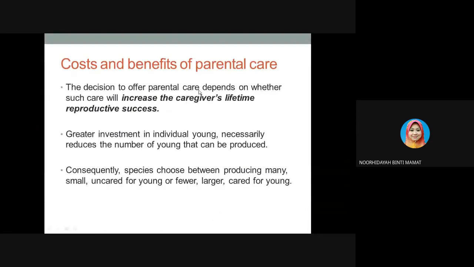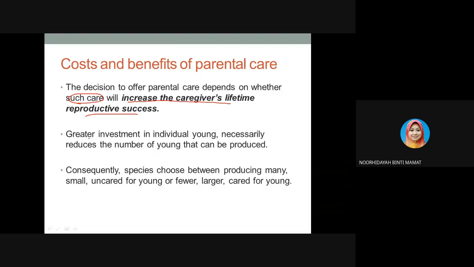So, the costs and benefits of parental care. The decision to offer parental care depends on whether such care will increase the caregiver's lifetime reproductive success, and a greater investment in individual young necessarily reduces the number of young that can be produced.